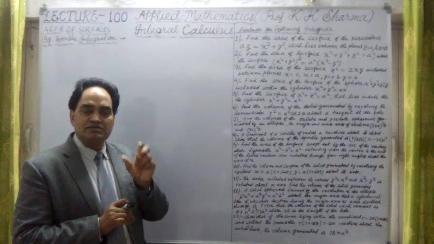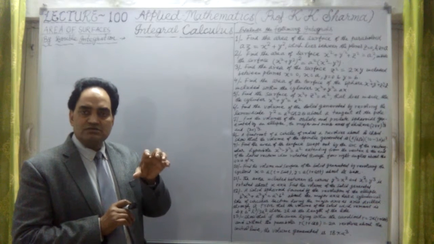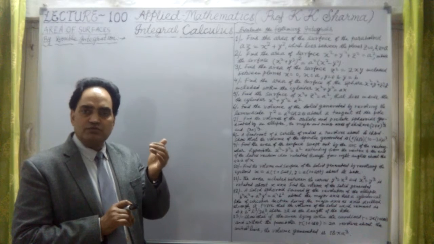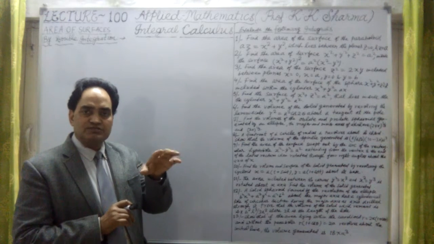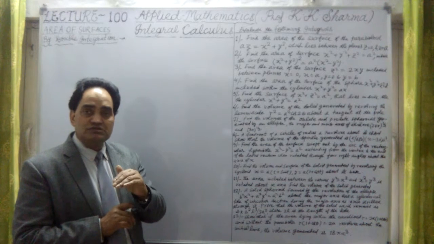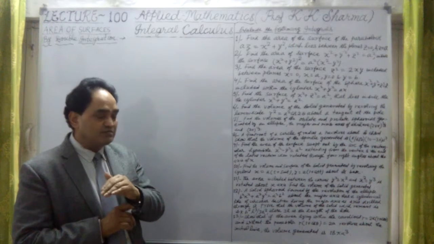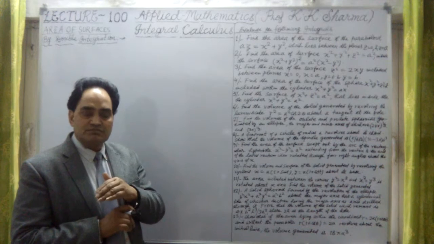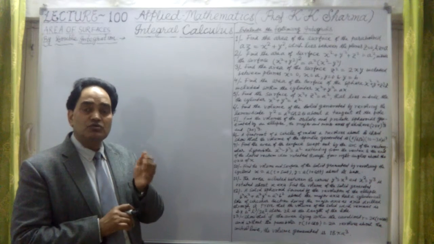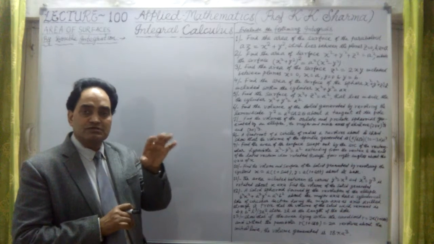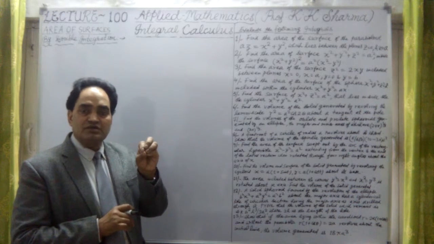Let me take this as delta s. Now we have to put a projection of this area upon z equal to 0, or the xy plane. The xy plane is z equal to 0 undoubtedly. So upon the xy plane we have to do a projection of this surface delta s.